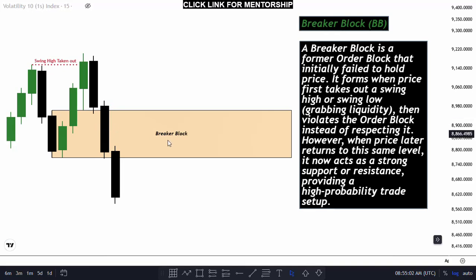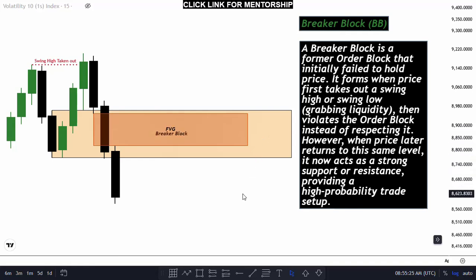It's going to be a high quality point of interest. Most of those you won't see price going through that breaker block. So once you see that fair value gap there, you are going to have a breaker block plus a fair value gap, which is a high quality point of interest.